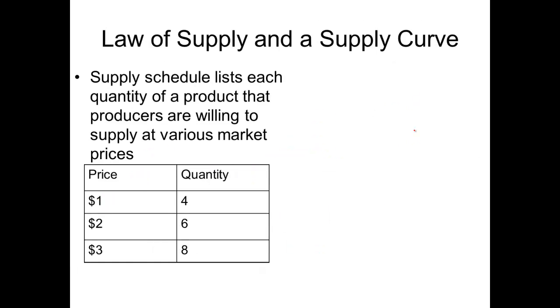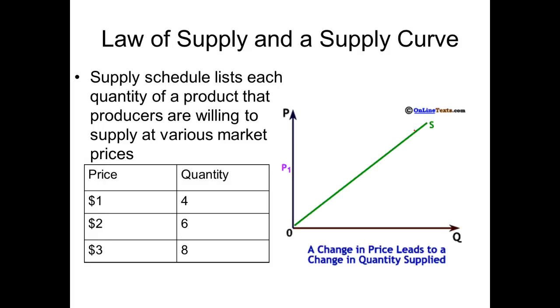All right. So anyways, here's what a supply curve looks like. Basically, you're going to have your price on the vertical axis, and your quantity on the horizontal axis.